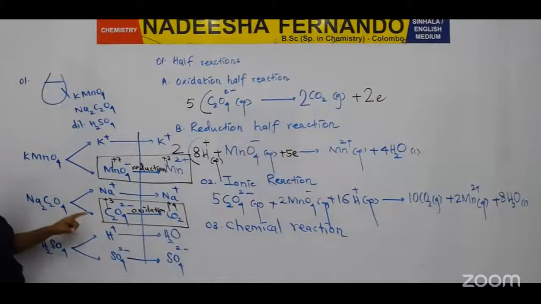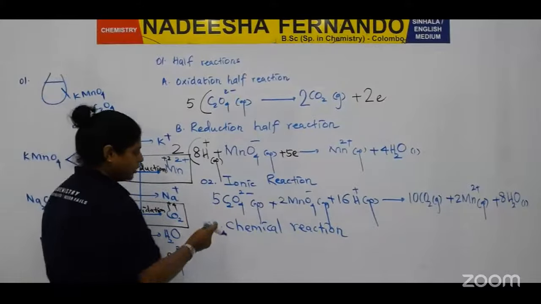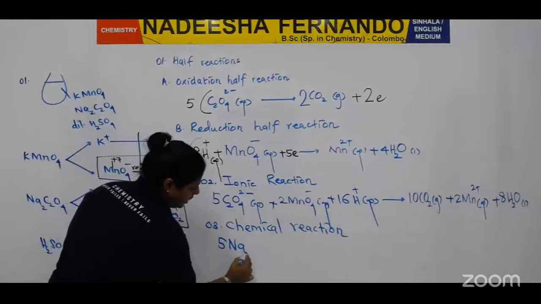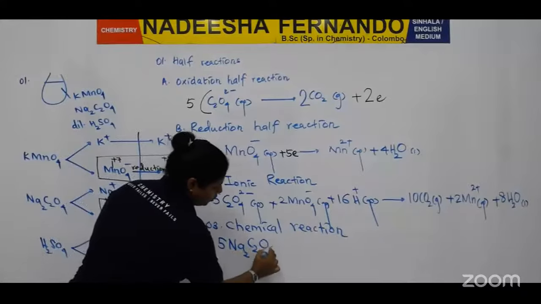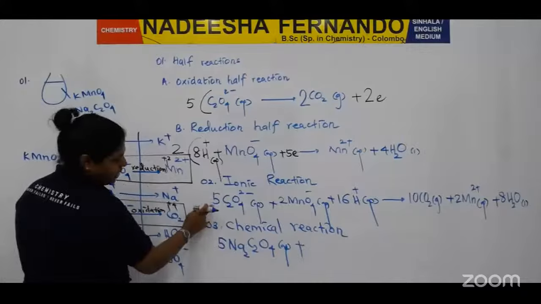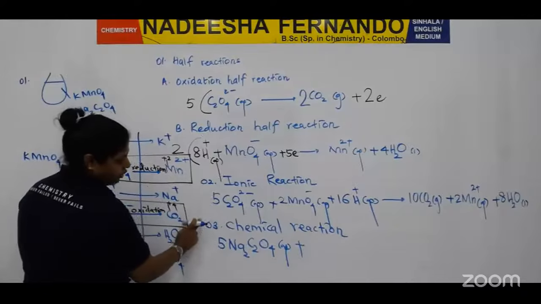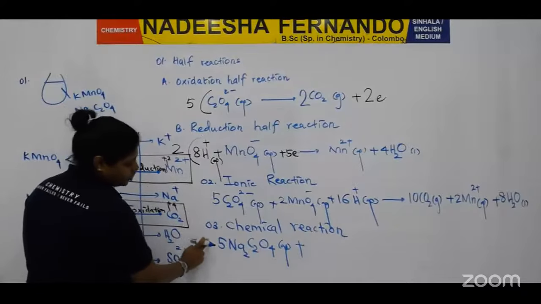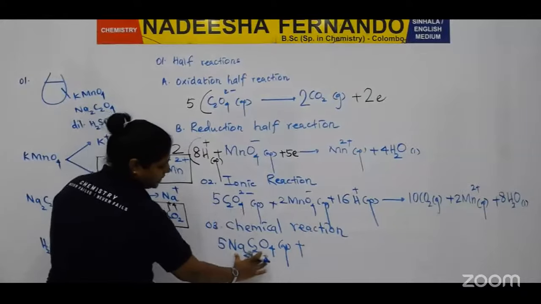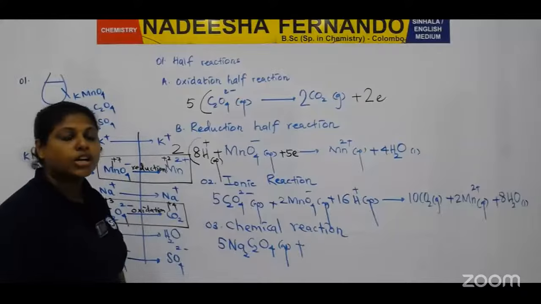Sodium oxalate. Oxalate is given by sodium oxalate. So instead of oxalate, write 5 Na2C2O4 aqueous, without changing the number in front. Write oxalate as sodium oxalate.